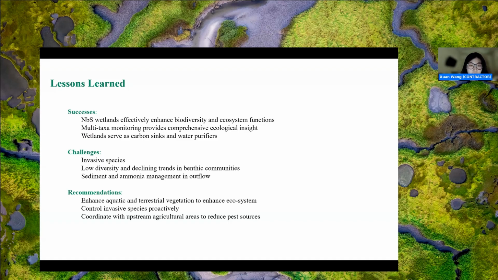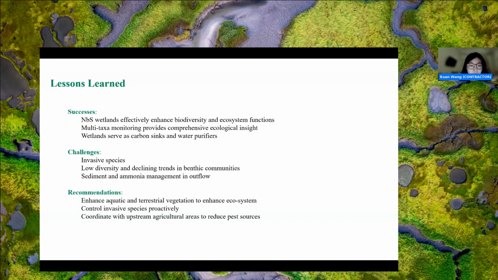Furthermore, our multi-taxa monitoring approach has provided us with integrated, holistic insights into the ecological status of the watershed. However, we also face clear challenges: invasive species continue to pose a persistent threat.